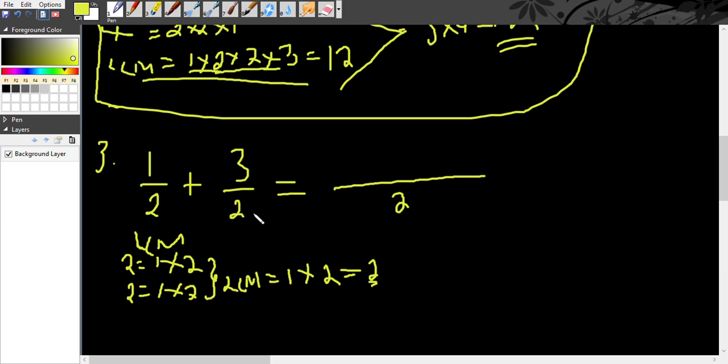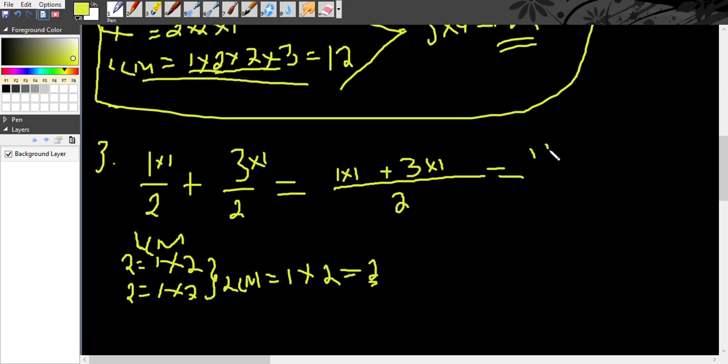Same story. How many times does 2 go into 2? 1 time, so times 1. How many times does 2 go into 2? 1, so times 1. So we'll have 1 times 1 plus 3 times 1.